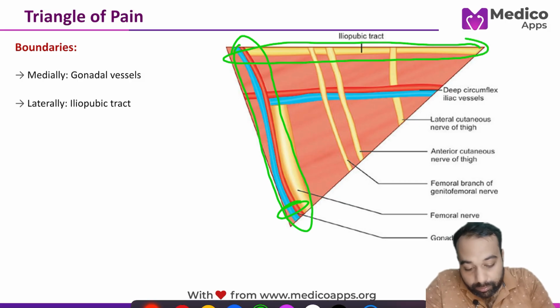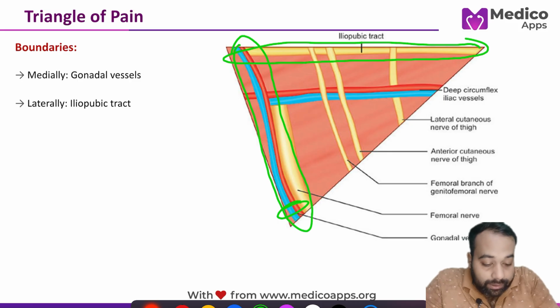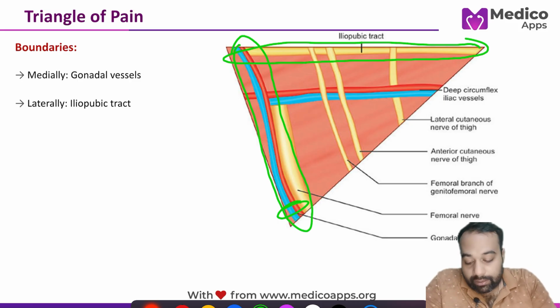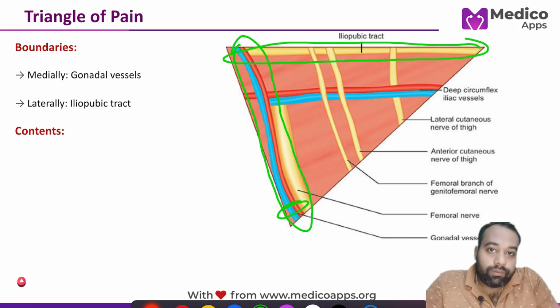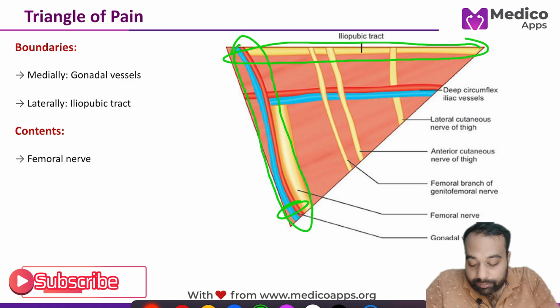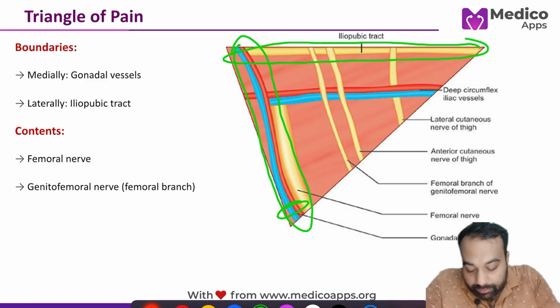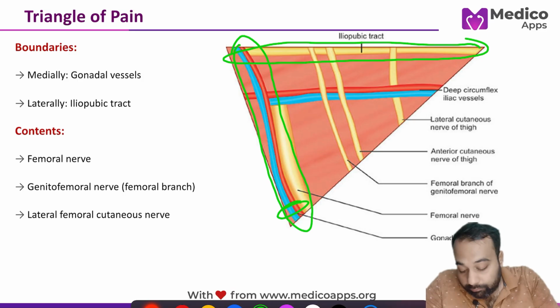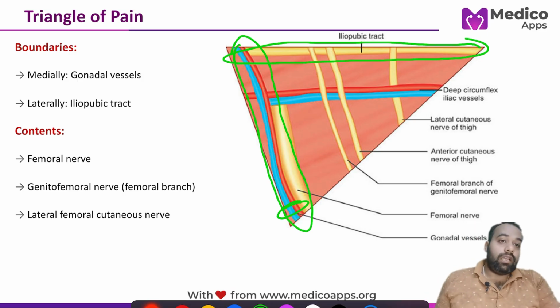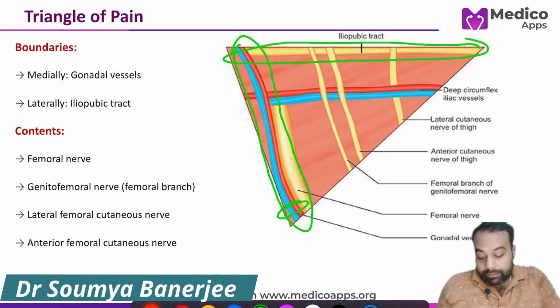This is the iliopubic tract, which is forming the lateral boundary, and the peritoneal reflection is there on the posterior surface. Now the content that you need to understand is basically associated with the femoral nerve. The femoral branch of the genitofemoral nerve is the second one. Apart from that, the lateral femoral cutaneous nerve of thigh and the anterior femoral cutaneous nerve are there.